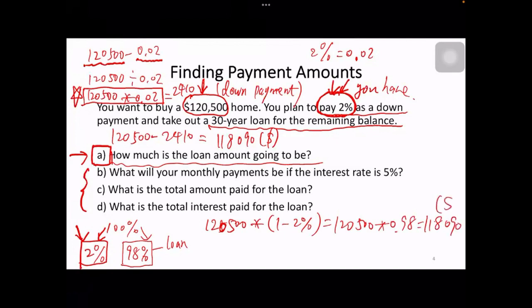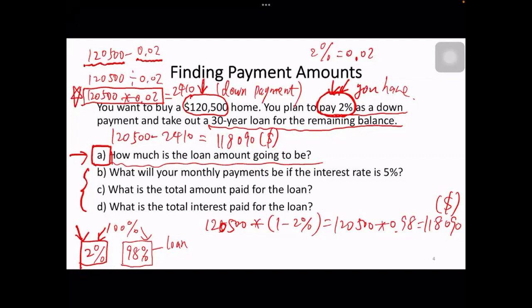Okay, the unit is dollar. You can give a try. 120,500 times 0.98. You will get exactly 118,090. Is that right? Everybody can give a try.